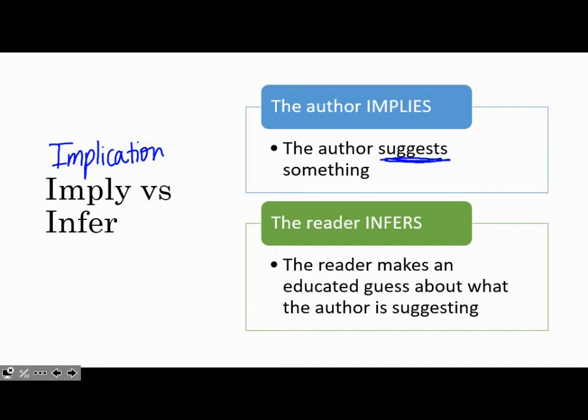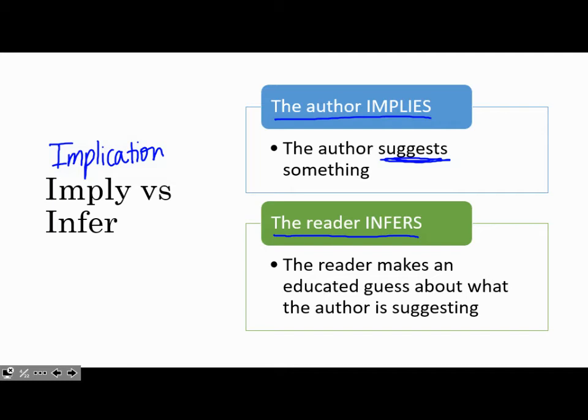So we want to remember that the author's job is to imply. They are suggesting something. As a reader, it is our job to infer. That means we are making guesses about the information that we're reading. So the difference here is that the author implies. They are suggesting something.